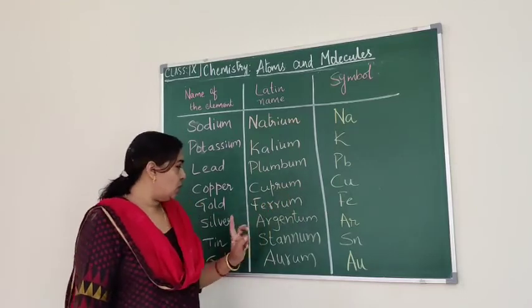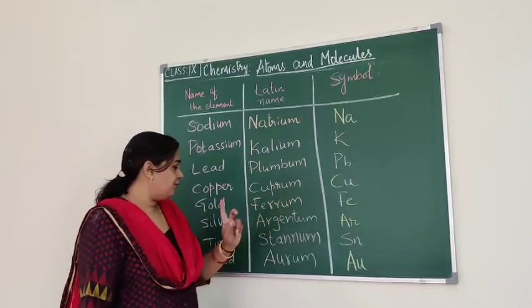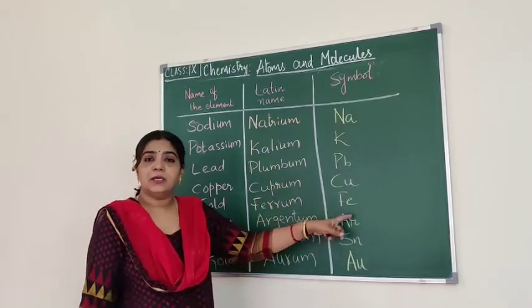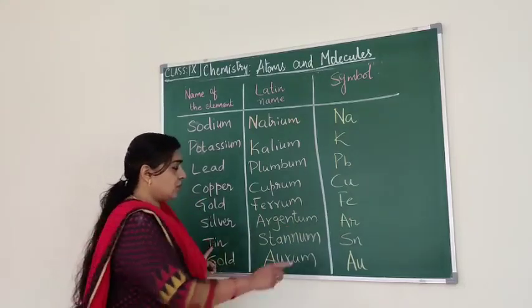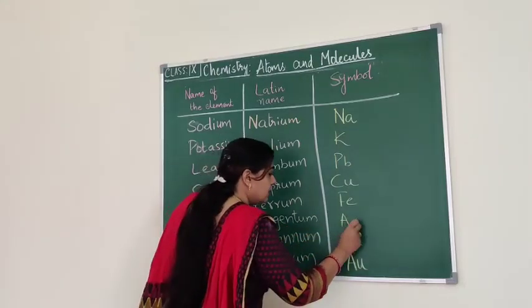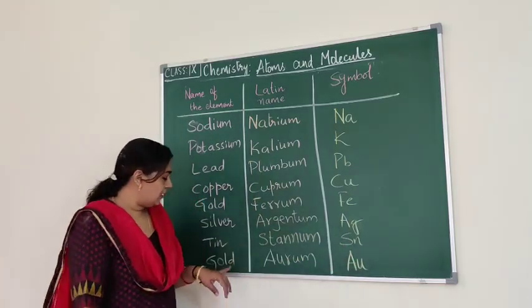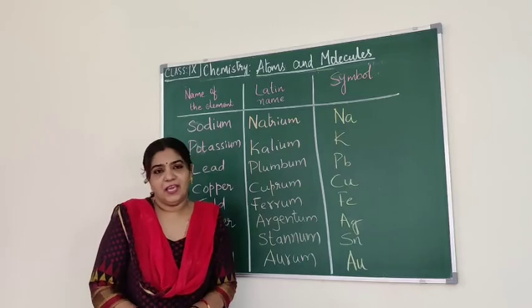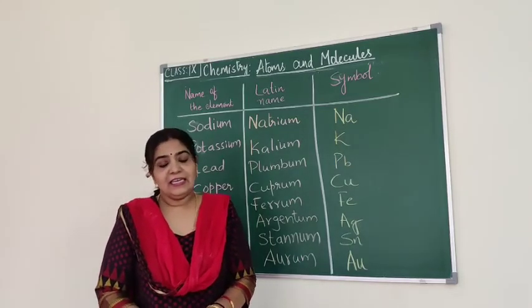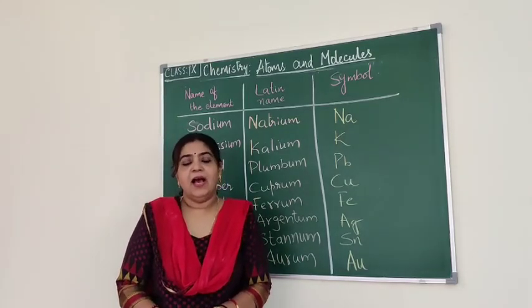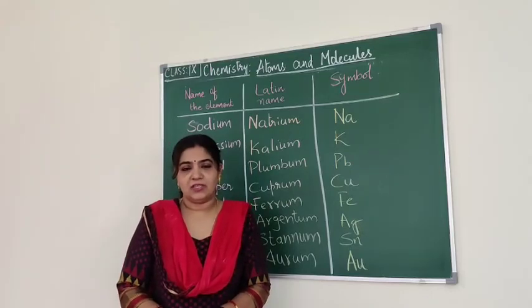Copper, cuprum, Cu. Iron, ferrum, Fe. Silver, argentum, Ag. Tin, stannum, Sn, and gold, aurum, Au. So these are the Latin names and their symbols. I hope you have understood so much.